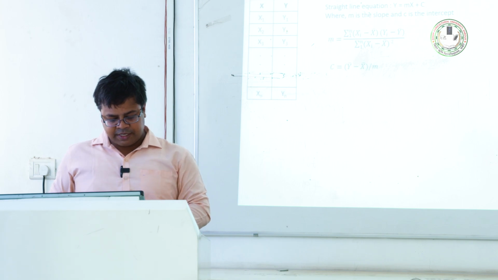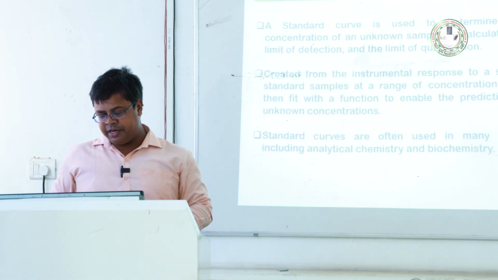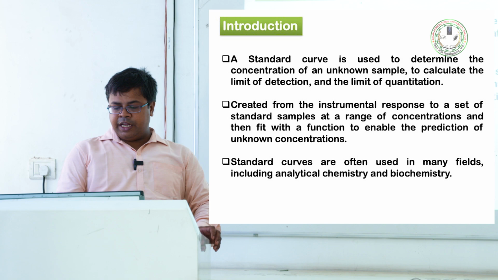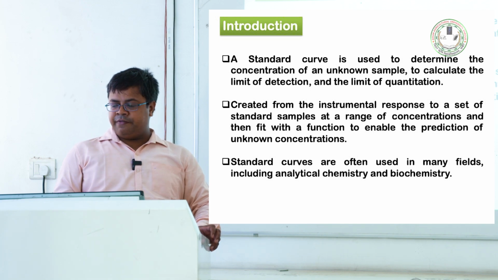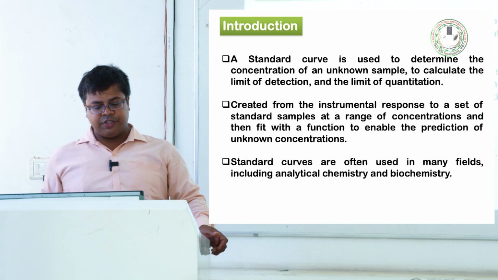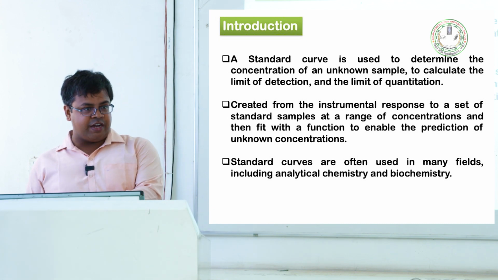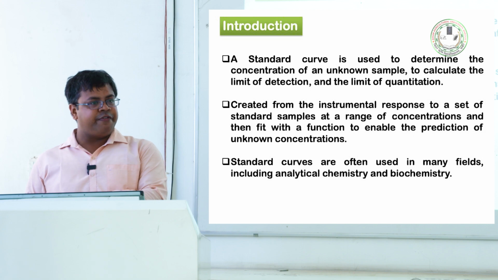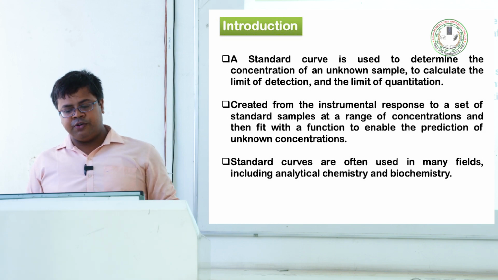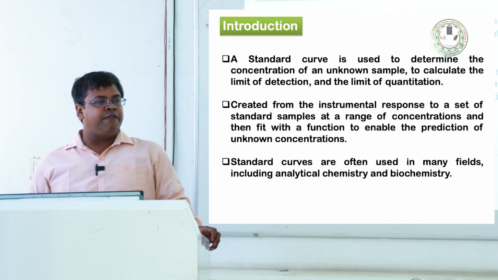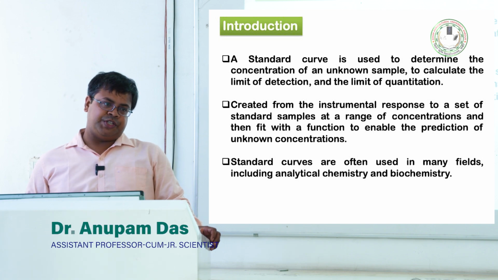And in the first slide I showed you, I have written that the calibration curve is created from instrumental response to a set of standard samples at a range of concentrations and then fitted to a function. A straight line is also a function, fitted to a function to enable the prediction of unknown concentrations.